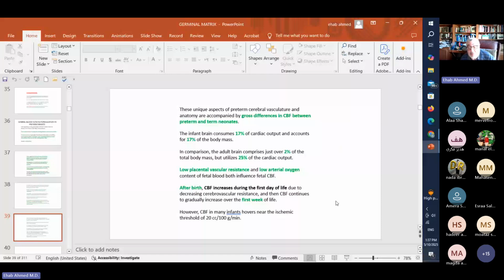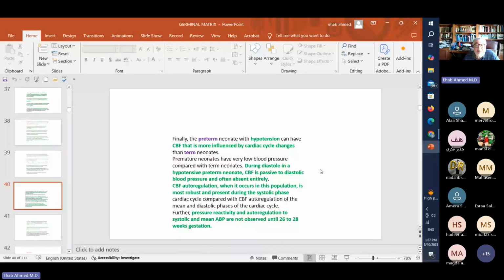And usually, irrespective of the gestational age, cerebral blood flow increases during the first day of life up to the first week of life.